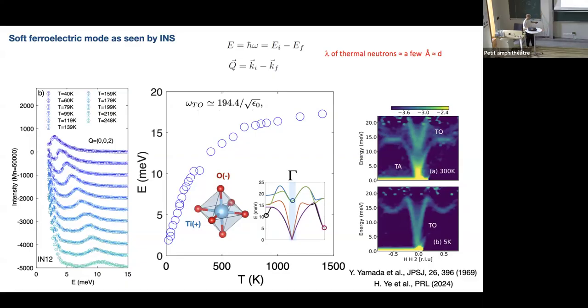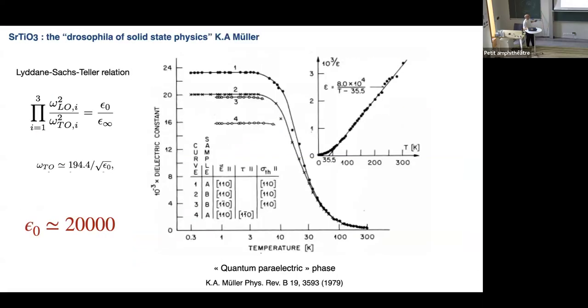Okay. This 194, this is some sort of plasmon frequency. This is related to the LO energy, because the Lyddane-Sachs-Teller relation relates epsilon 0 and epsilon infinity to the ratio of the LO mode over the TO mode. So essentially, what is an LO mode and a TO mode?